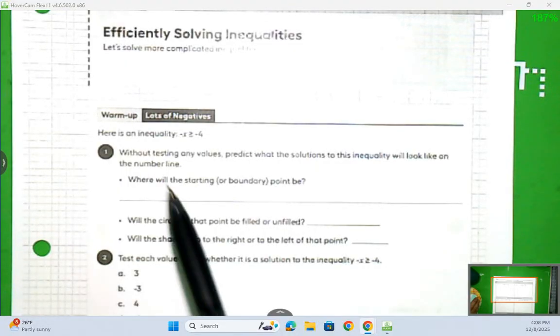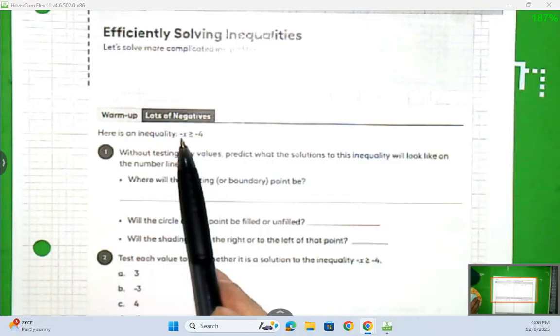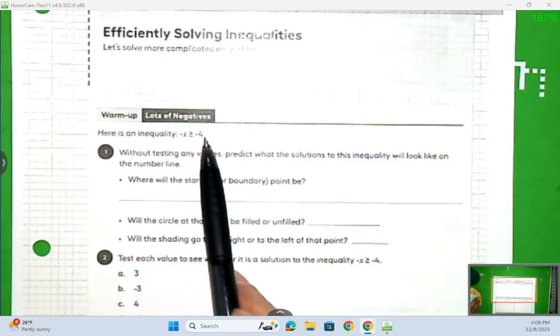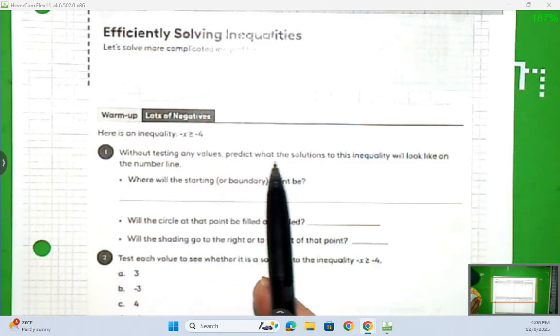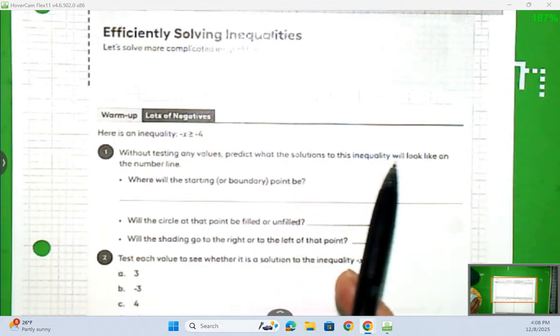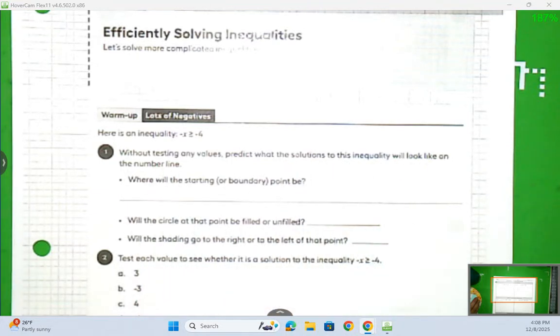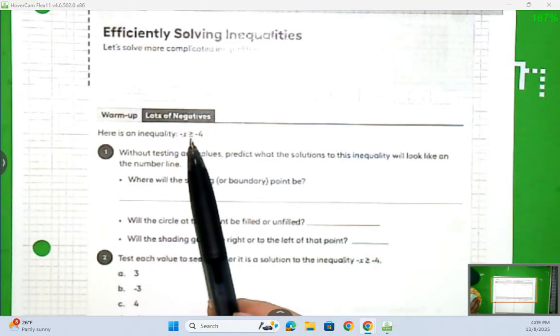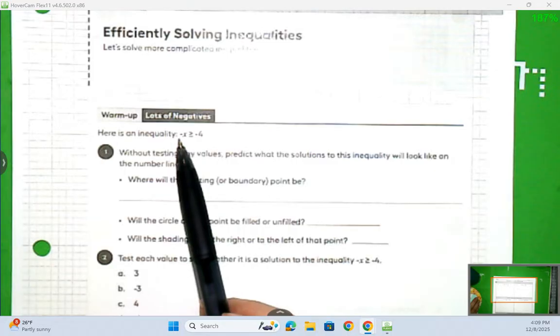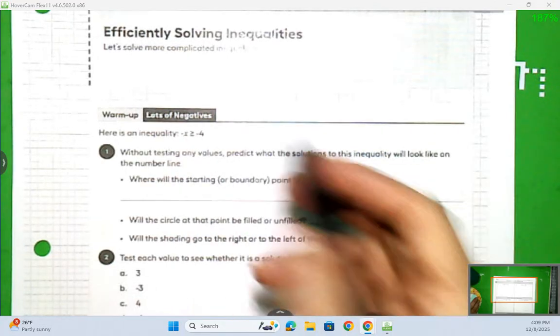All right, here's an inequality. The opposite of x is greater than or equal to -4. Without testing any values, predict what the solutions to this inequality will look like on a number line. I have to first think about that negative sign.